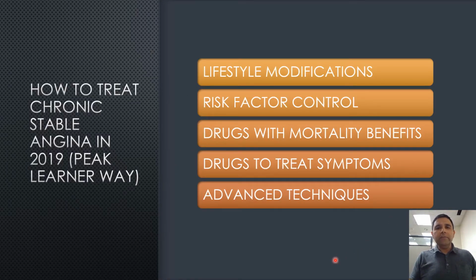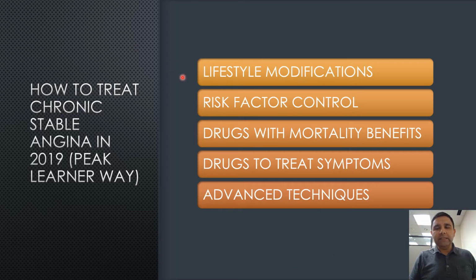Okay, so in the last video, I had broken down the treatment of chronic stable angina into 5 different components. And I think it's very important if you could go down these 5 steps, that's going to make sure that you have the best way of remembering these things. The first one is lifestyle modifications.